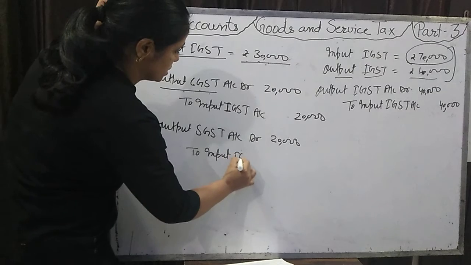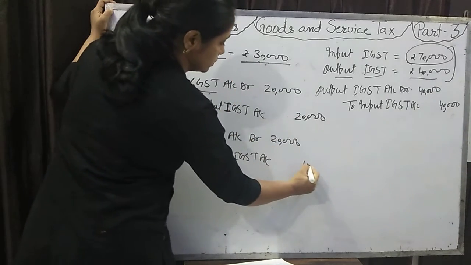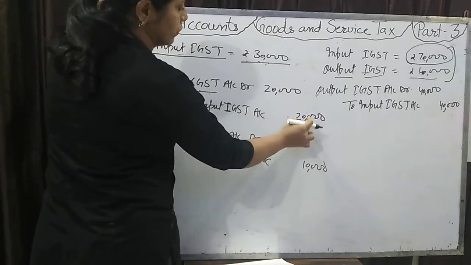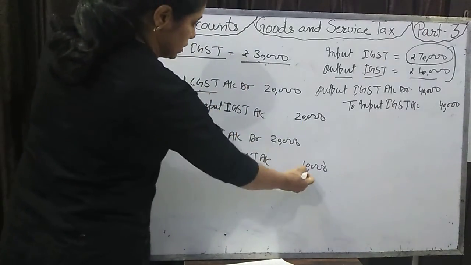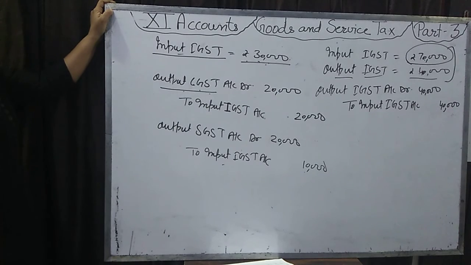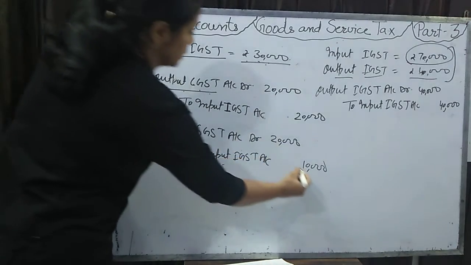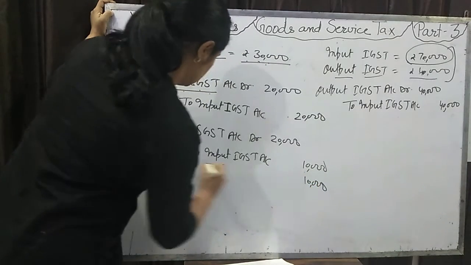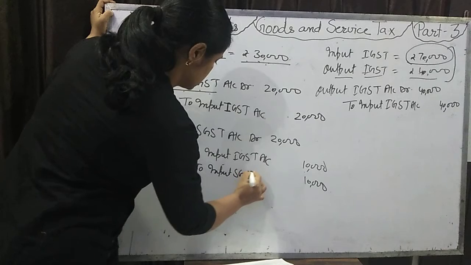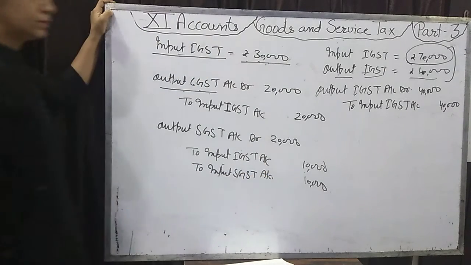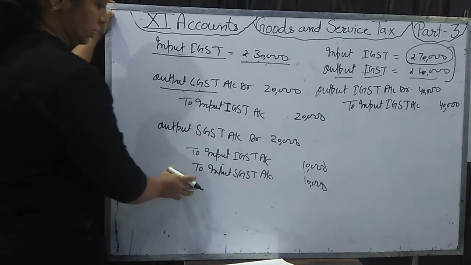From input IGST, how much are we having? 10,000. It was 30,000, and 20,000 we adjusted against CGST. Now we are having 10,000. Then we can use the input IGST 10,000 to adjust the output SGST. The remaining 10,000 we will adjust from input SGST. Fine. Okay.